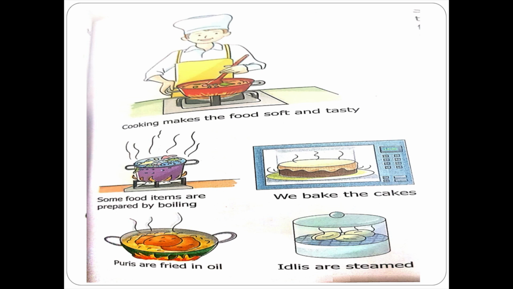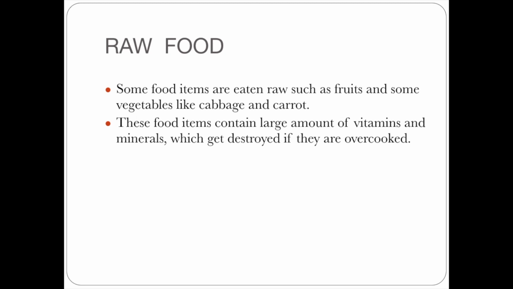Now let's come to raw food. Some food and vegetables are eaten raw. Most of the fruits are eaten raw. We don't cook fruits before eating, naturally. But some vegetables like cabbage and carrot are also eaten raw. Why do we need to consume these vegetables raw?